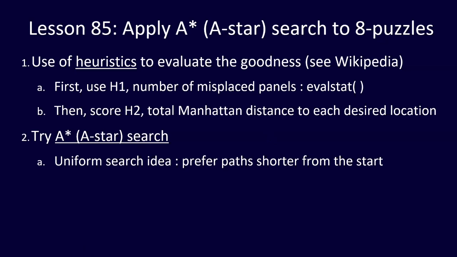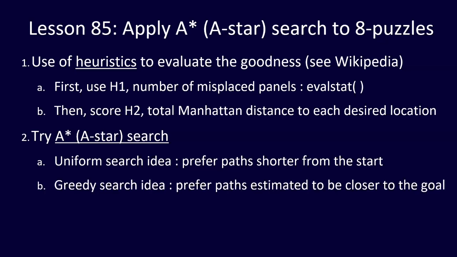In uniform search, we used the G function, which is basically the distance from the start node, the length of the path so far. And from the greedy search, we found that the heuristic gives estimated closeness to the goal.